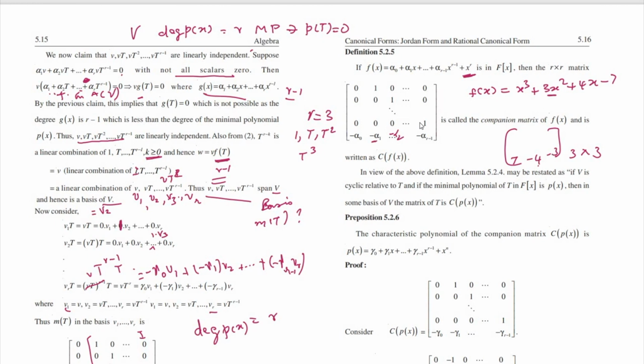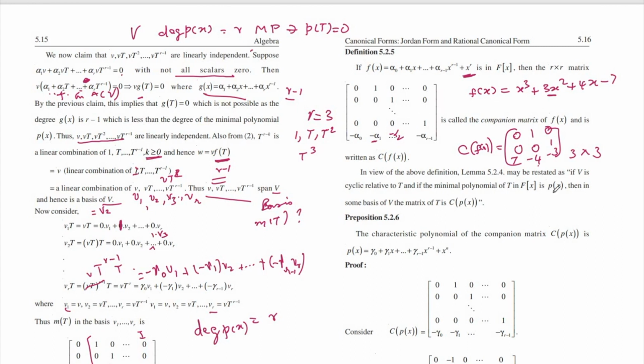So 7, minus 4, minus 3, and the super diagonal entries, this is the main diagonal and this is the super diagonal, should be 1. So this is our companion matrix of this particular polynomial. Given the polynomial, we can write the companion matrix of that polynomial, and this is a 3 cross 3 matrix.